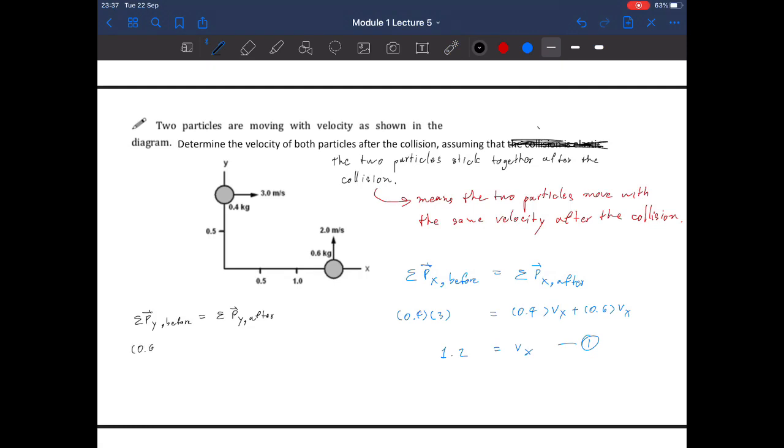So we have 0.6 multiplied by 2 must be equal to 0.4 Vy plus 0.6 Vy. Again, we have this expression due to the fact that after the collision both masses have the same velocity. Okay, so that means this is 1.2 and this is Vy. Okay, this is the second equation.